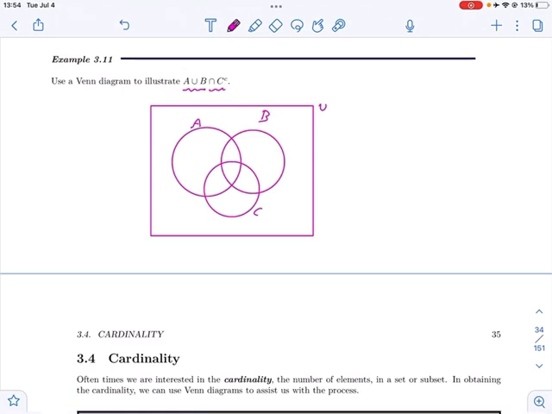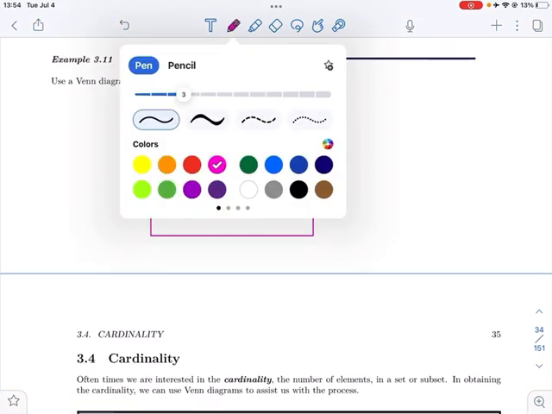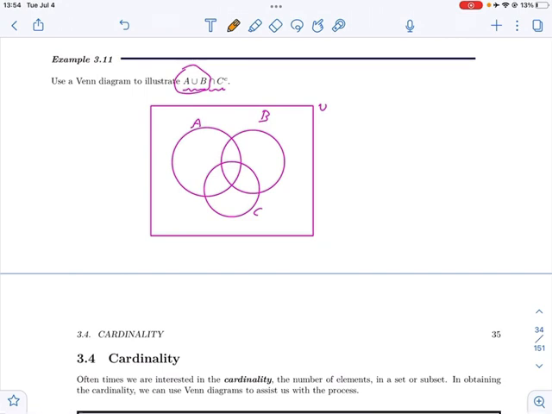We first find A union B. Let me shade this region. A union B means all elements in A or in B or in both.